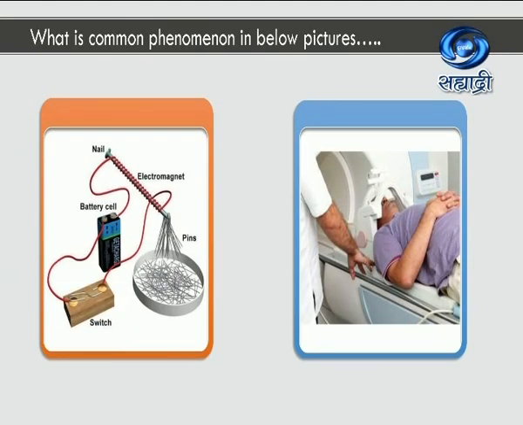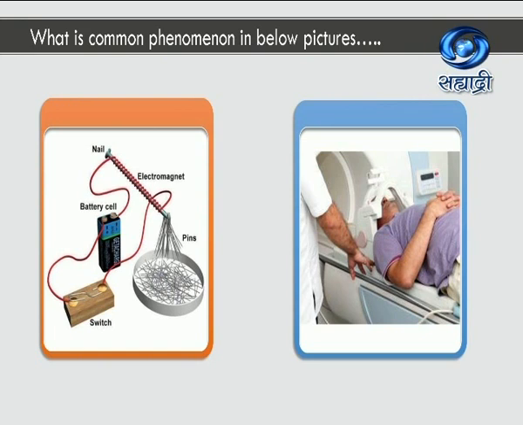To make our session very interesting, I want you all to observe these two pictures in front of you. The picture to your left is a very common picture. You must have performed this experiment in your lower standard somewhere. What is this explaining?